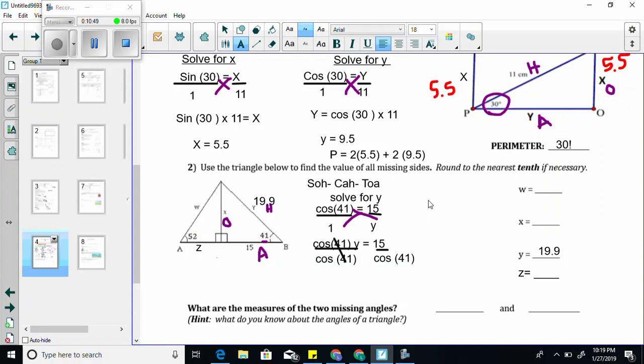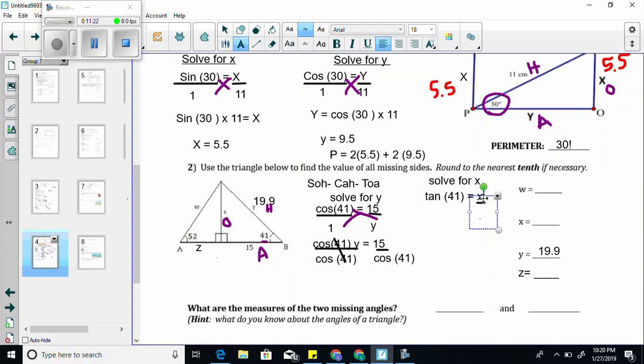So to solve for x, I'm looking for the opposite side, and I'm given the adjacent. Opposite adjacent, that's TOA, right here. Okay, so I'm going to use the tangent of 41 equals x over 15, right? X over 15.